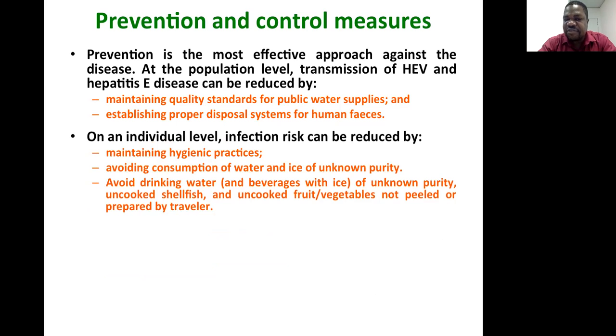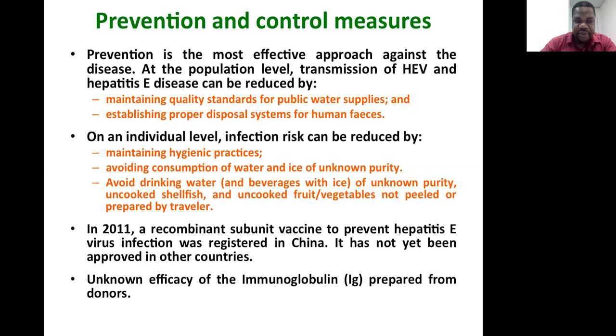Then at an individual level, infection risk can be reduced by maintaining hygienic practices, avoiding drinking water and beverages with ice of unknown purity, uncooked shellfish, and uncooked vegetables or fruits that are not well washed.